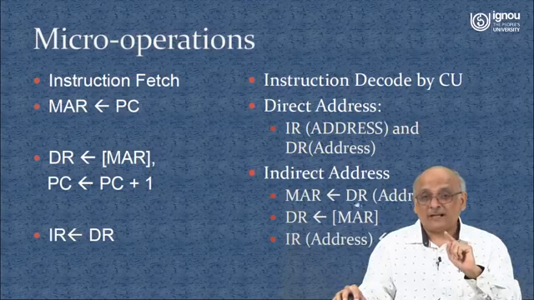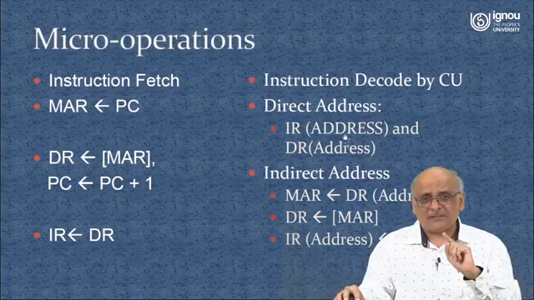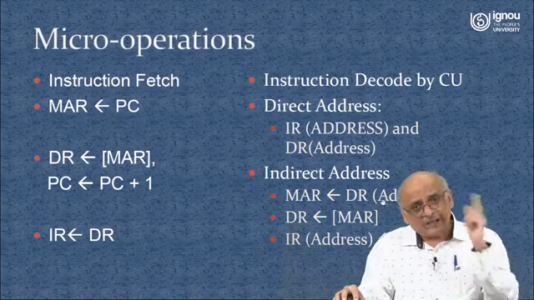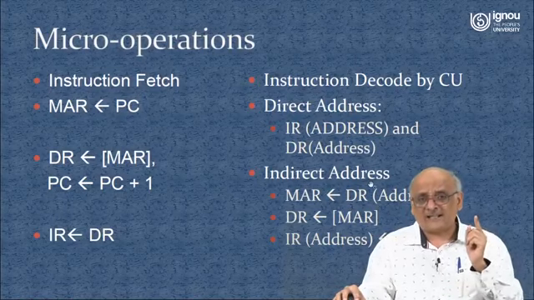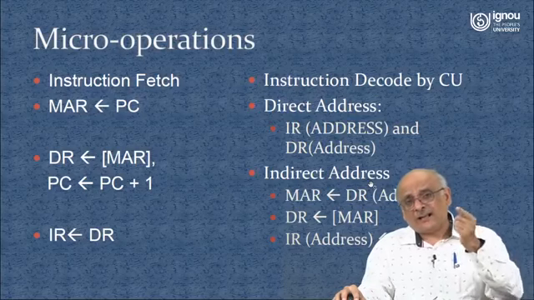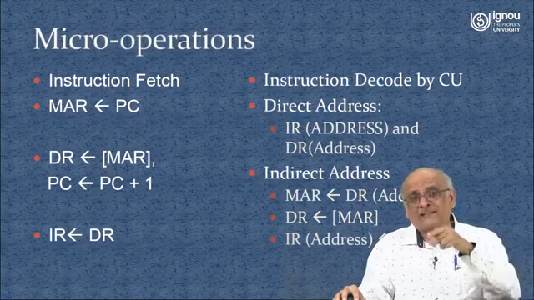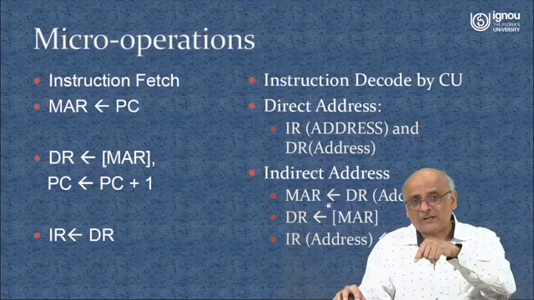We are reading it once. Here we have the address in the instruction register itself, but here we have to bring it from memory because it is an indirect address. So the address of the operand is within the memory, and that memory location is going to be fetched with these two instructions.